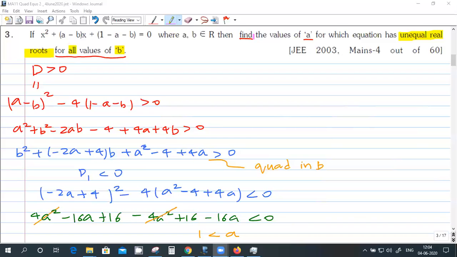And what are the values of A that will satisfy this? I found the quadratic in terms of A. So there is no restriction on B; B can take any value. In that condition, is there any restriction on the values of B? No. So what is the answer?